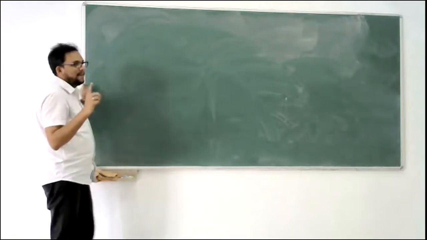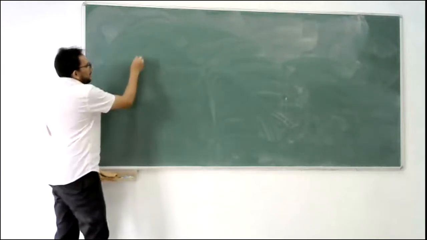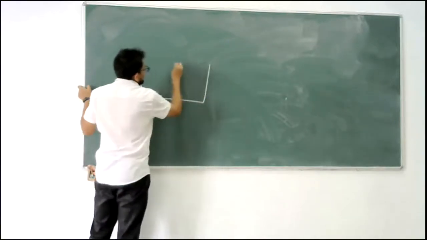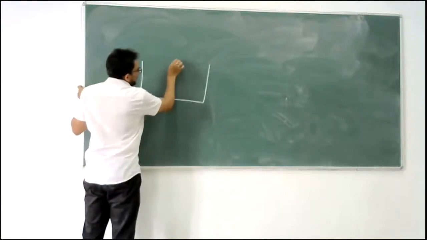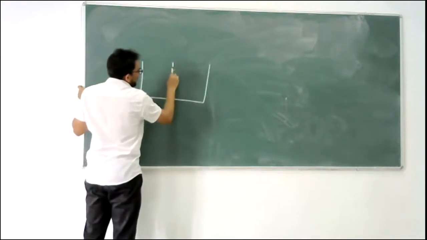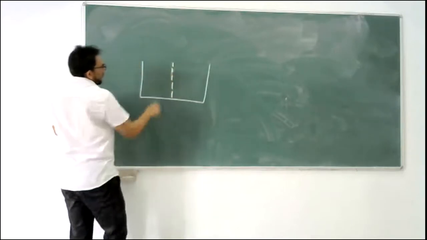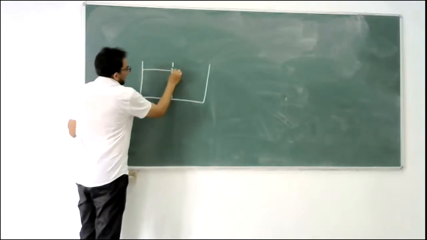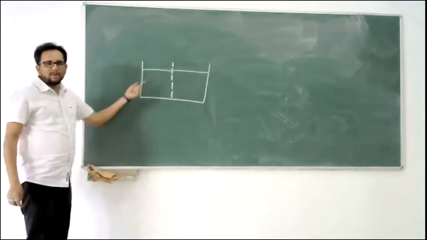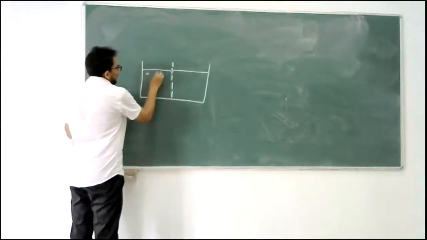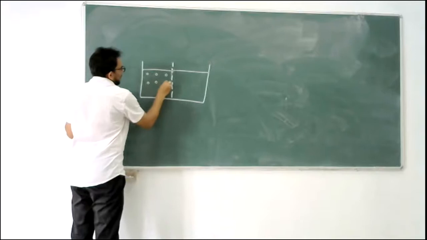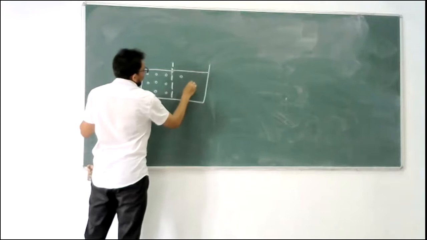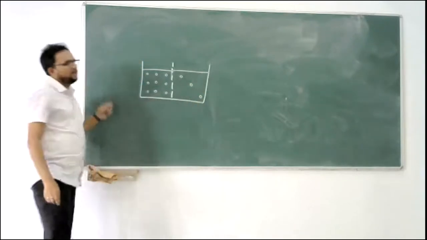Let me first explain the concept of diffusion again, so that we all are on the same page. Let's say this is a system which is separated by a semi-permeable membrane. That's why this dotted line is a semi-permeable membrane. Let's say on both the sides there is this much amount of solvent, and on this side there are solute molecules, and on this side there are only these many solute molecules.